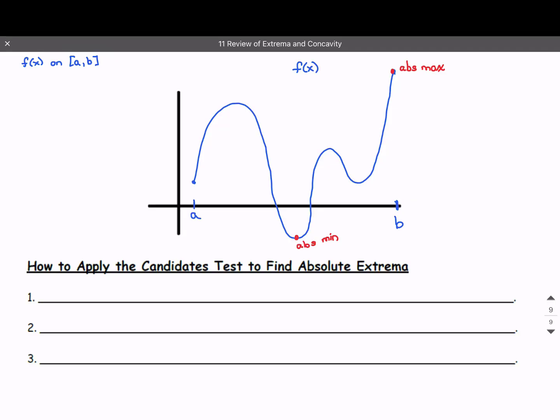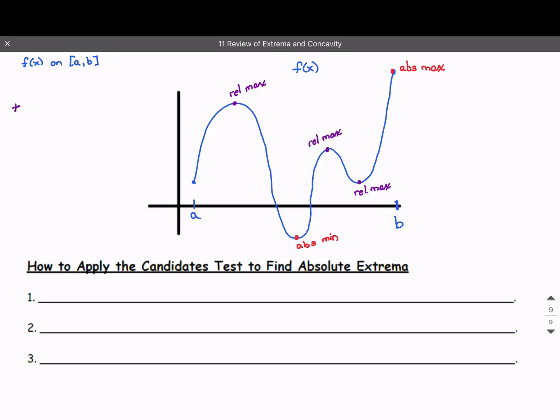Okay, but what about relative maxes and mins? Well, here's a relative max. Here's a relative max. And here's a relative min. Now remember, for a relative max, the derivative had to change from positive to negative. For a relative minimum, the derivative had to change from negative to positive.